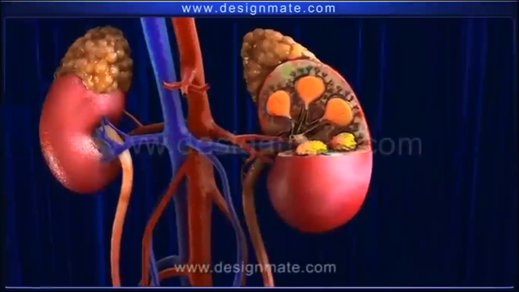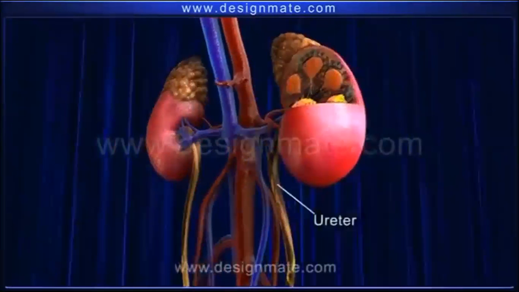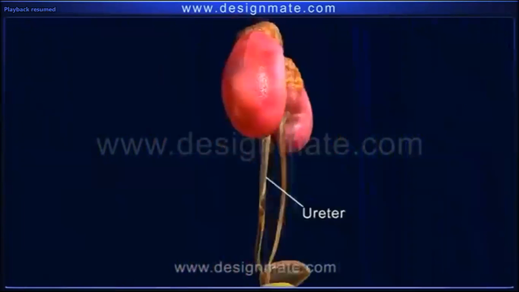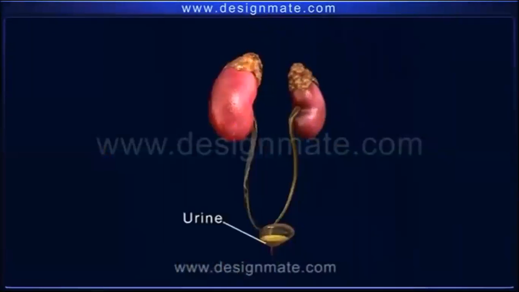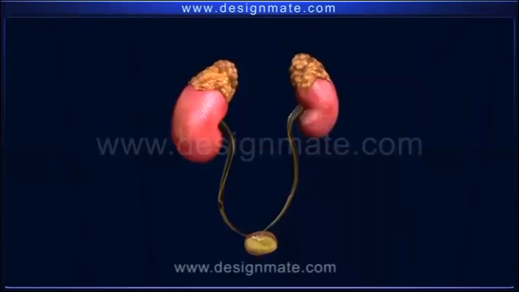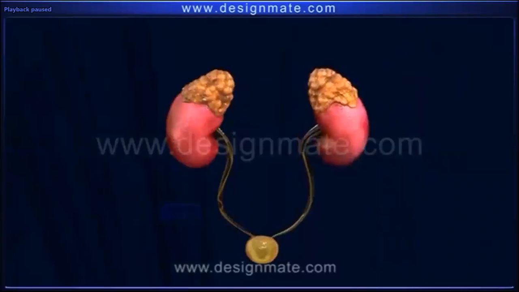It opens into the collecting duct. Finally, the collecting duct opens into the pelvis of the kidney, the pelvis opens into the ureter, and it opens into the urinary bladder. After that the urine can be excreted.